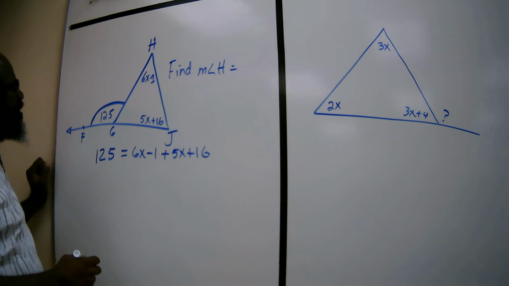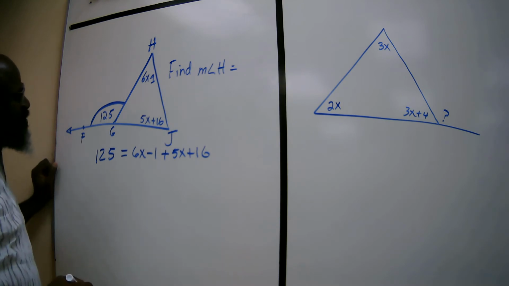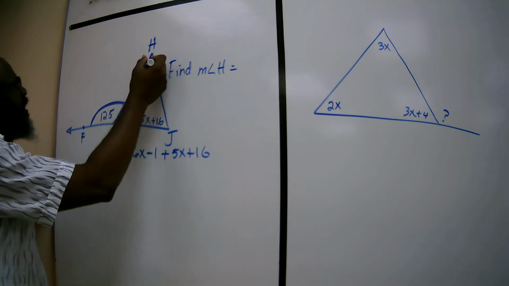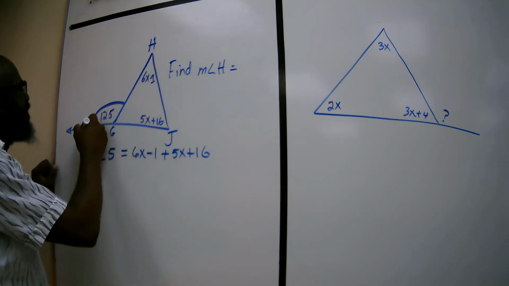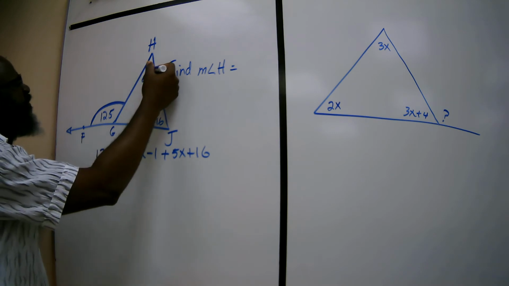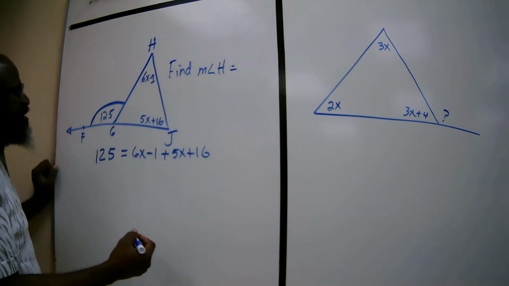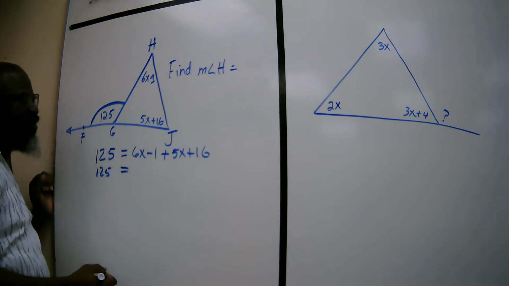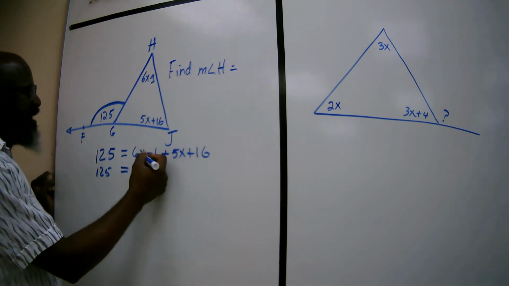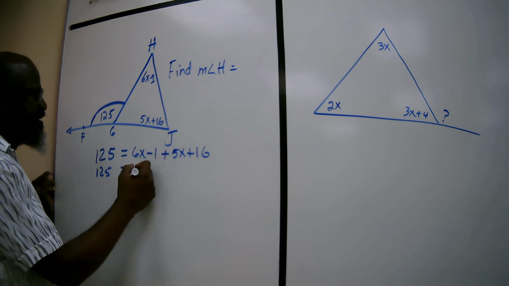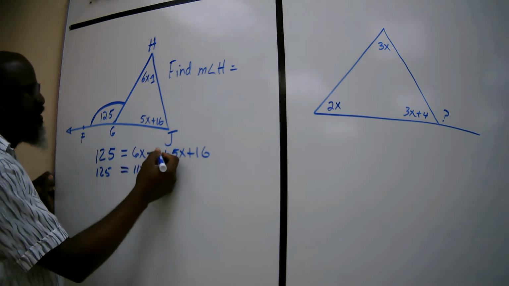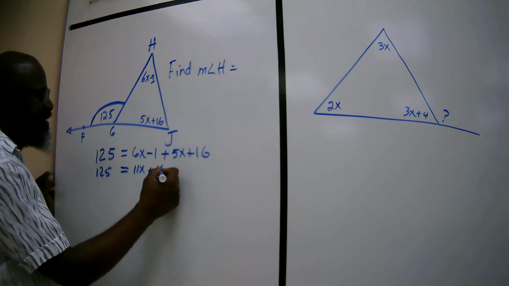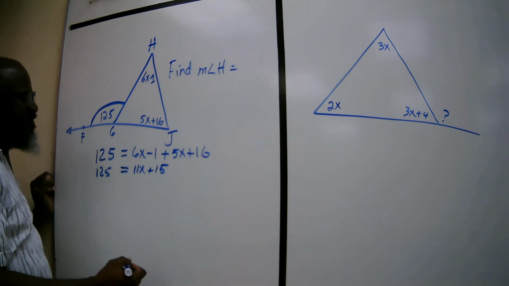I'll show you how many chances you have to solve this problem. So the exterior angle HGF is equal to the sum of H plus J. So we combine like terms, you will have 125 equal 11x, 5x plus 6x is 11x, minus 1 plus 16 is 15, is equal to 125.